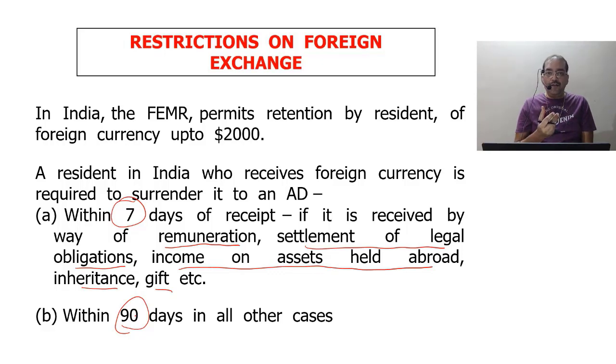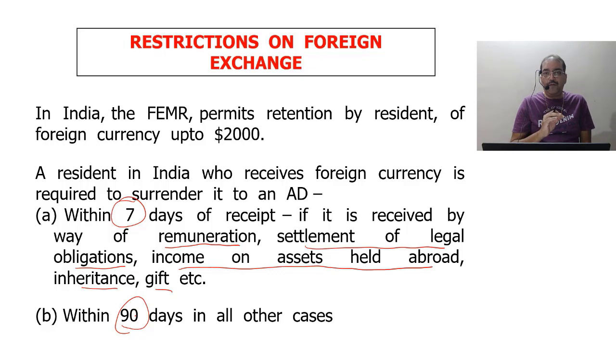I can utilize this yen for some other purpose, if not for importing machinery. Let us say that I'm importing raw materials from Japan. So I can use that for the purchase of raw materials.